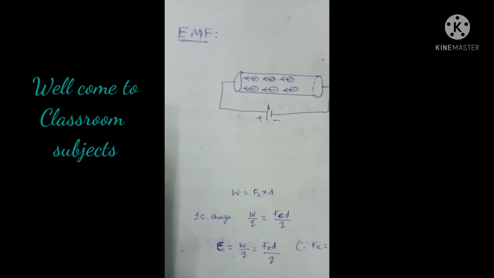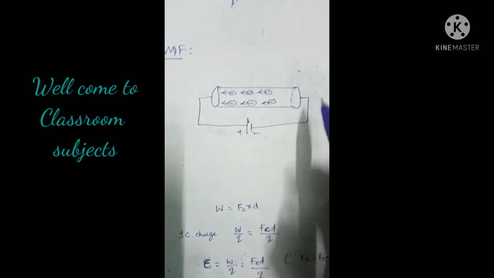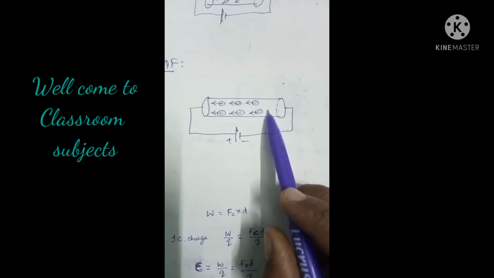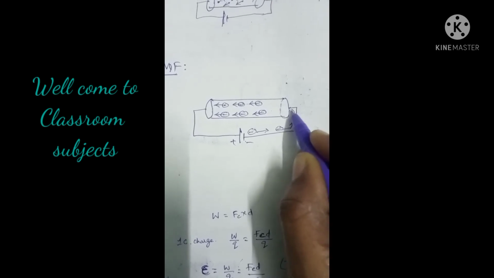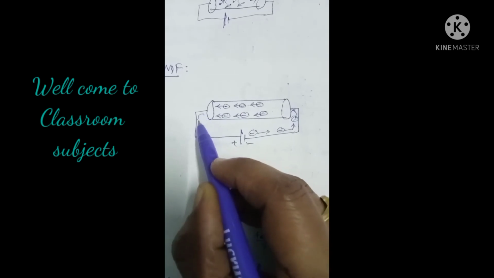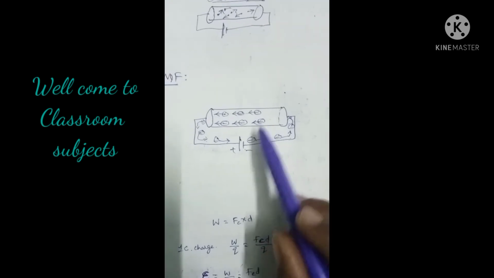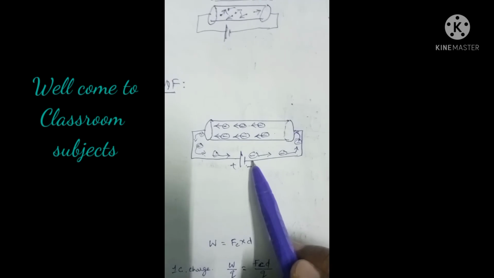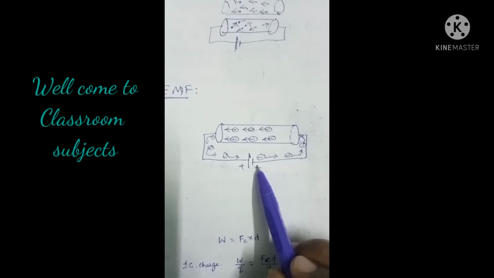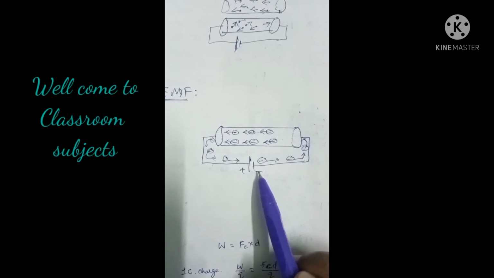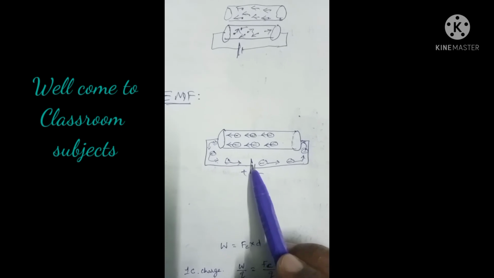Next topic, EMF. When a conductor is connected to a battery, the negatively charged electrons will move from the negative terminal of the battery to the positive terminal.